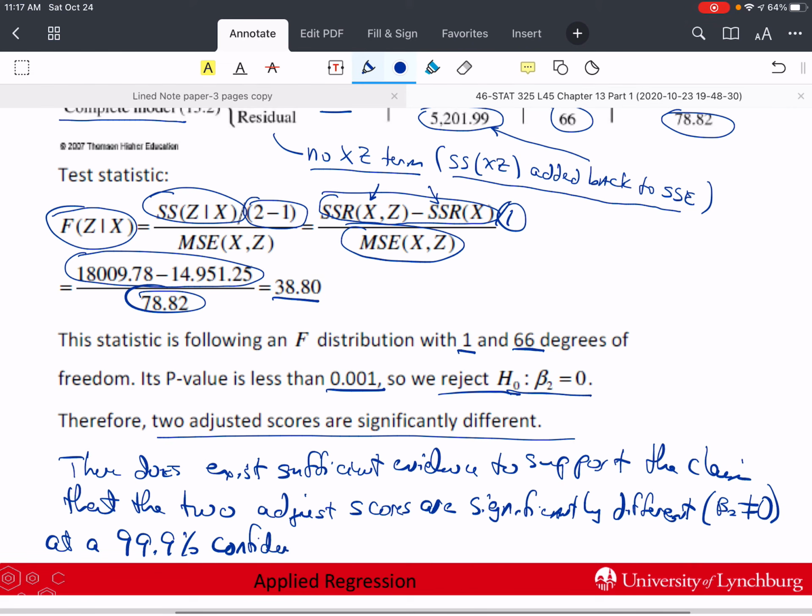We could use the largest one available. We said the p-value is less than 0.001.